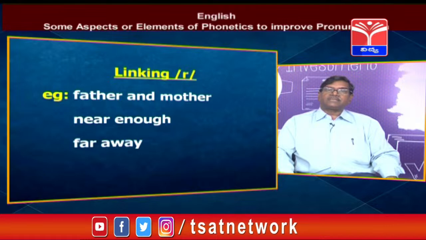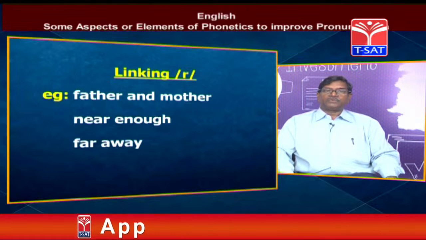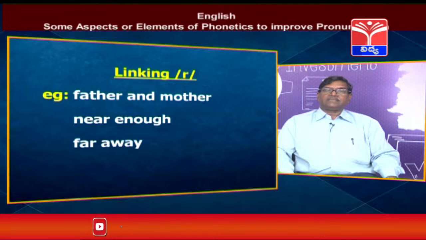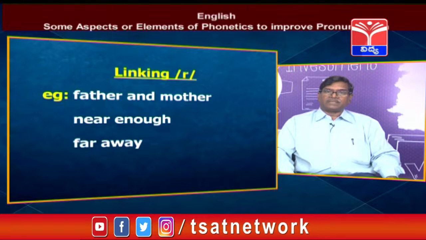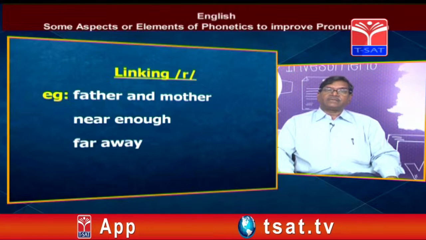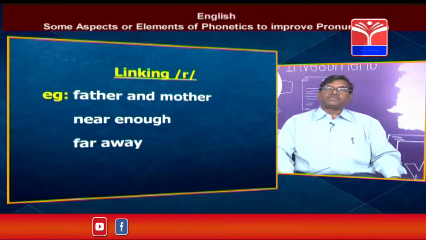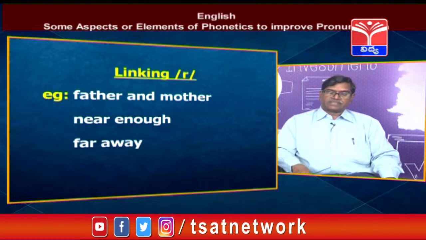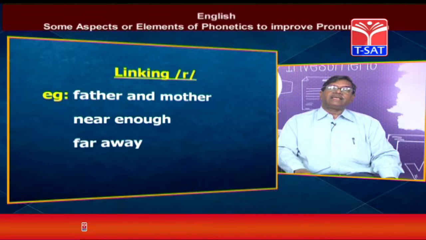But in the case of father and mother, the next word begins with a vowel sound. So, the word ending r is pronounced here: father and mother, near enough, far away. Like that, the word ending r is pronounced when it is followed by a word which begins with a vowel sound. This kind of r is called linking r.